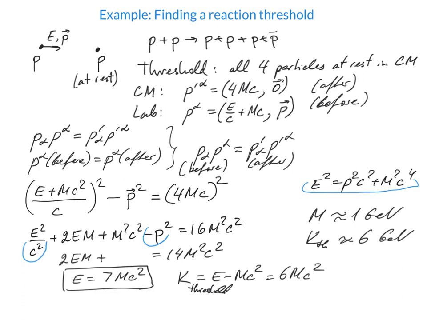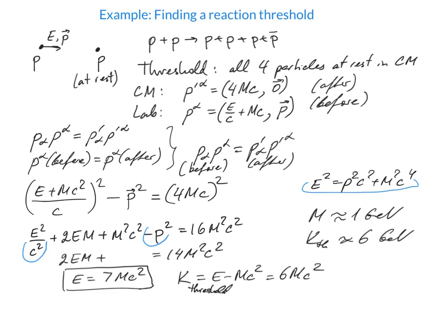Finding a reaction threshold is a common problem, and it's useful to know this trick where you take the momentum measured in the lab frame before the collision and the momentum in the center of mass frame after the collision.